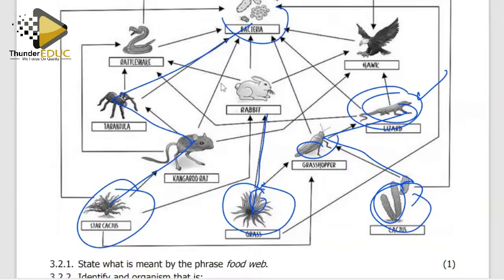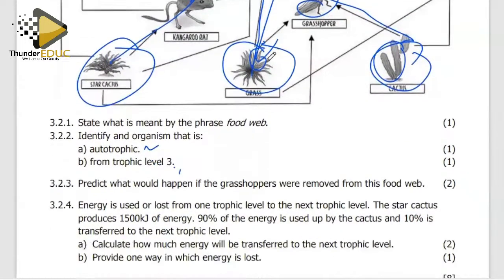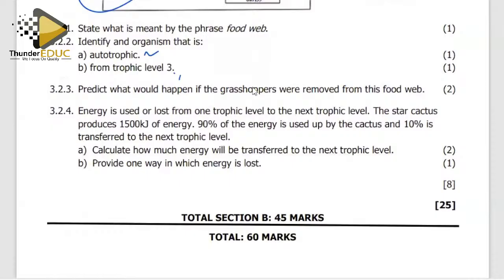This one can also be the same story. So 1, 2, this is 1. So you see that all of them can be the answer. What are they saying? The third trophic level.